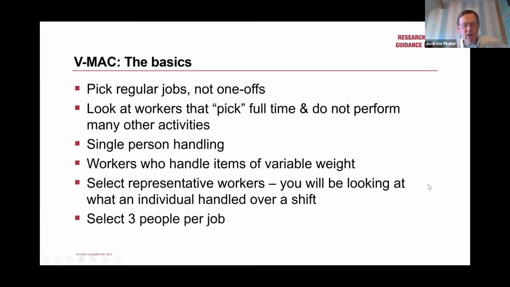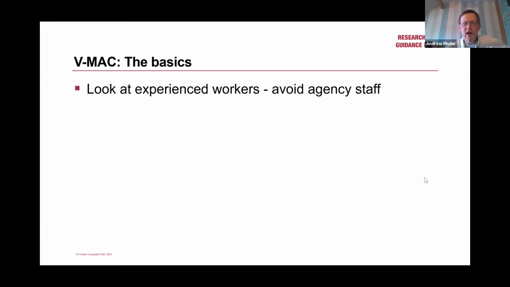It's very difficult to give a figure for how many you should look at, but in general, we suggest you look at 3 to get an idea of the variability between the people in that particular job. And you want people who are experienced. So if you've got temporary agency staff in your workforce, it's probably best if you don't look at them, as they may be still learning the ropes, and they may have lower pick targets, so they wouldn't be expected to achieve the full rates that the experienced staff would.